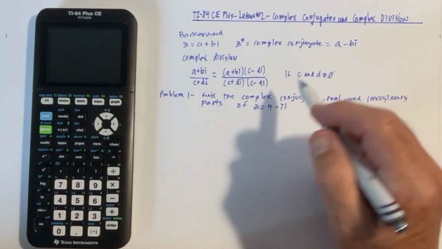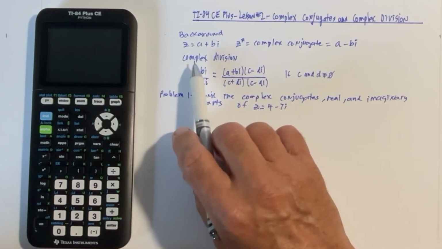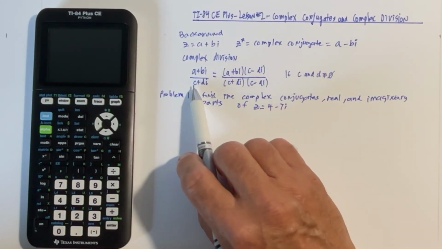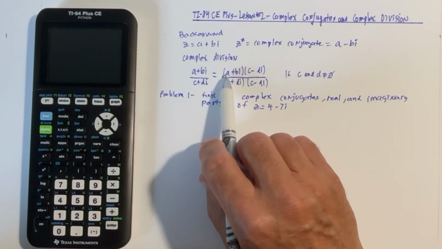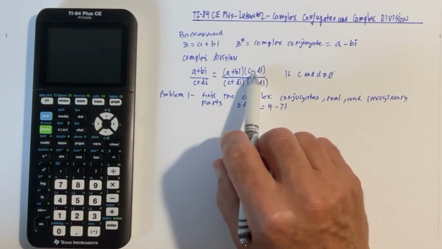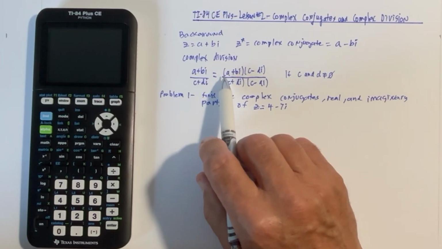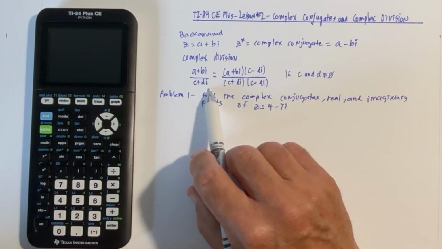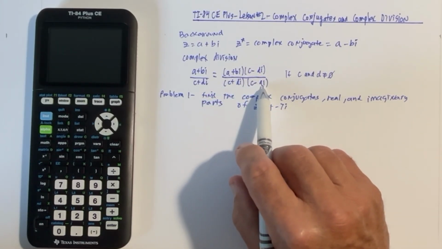Now we use this complex conjugate in multiple other areas, but in this example we want to do complex division. If we've got a + bi divided by c + di, that's going to be the product of a + bi times c - di, which is the complex conjugate of the denominator, divided by c + di times its complex conjugate, c - di.